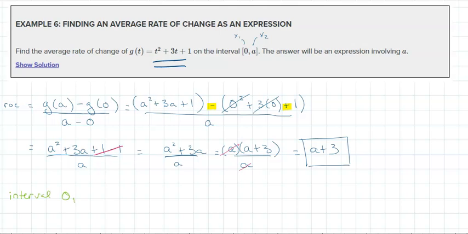Of course, this only works if you start at 0. You've got to start at 0. It can't be anywhere else. But if I go from 0 to 7, then my rate of change is equal to a, this was a right here, 7 plus 3, which is 10. So my slope is 10. My rate of change would be 10 if my interval was 0 to 7. So that's how this helps us to use this as a general equation.